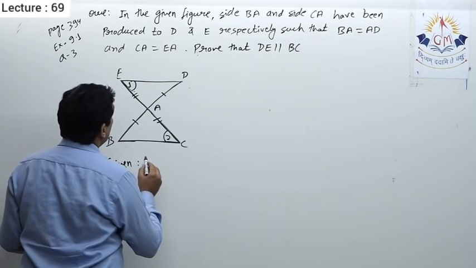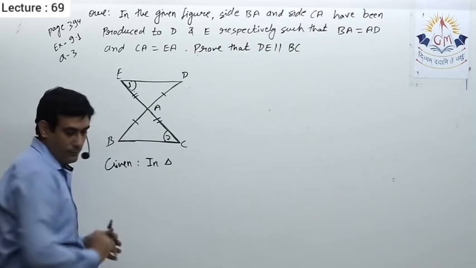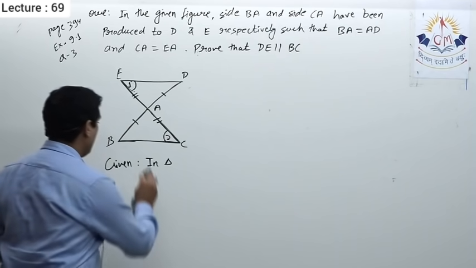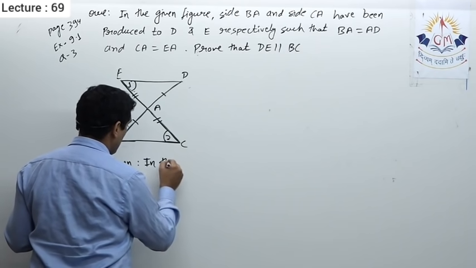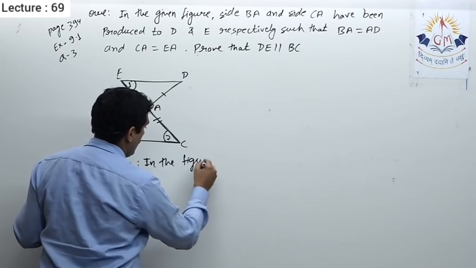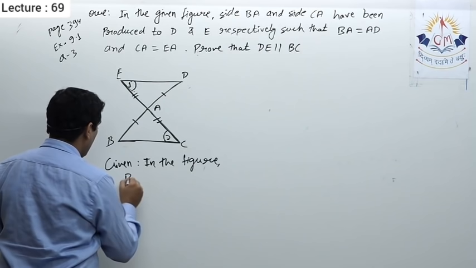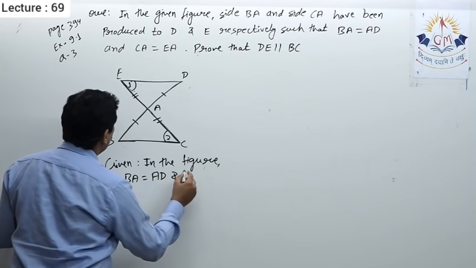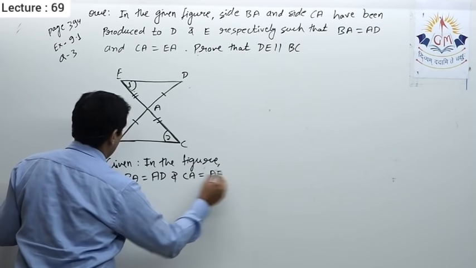Given in the figure, BA is equal to AD and CA is equal to AE.